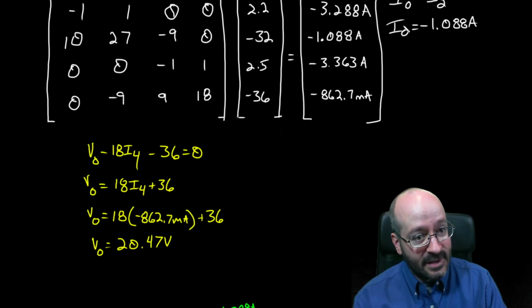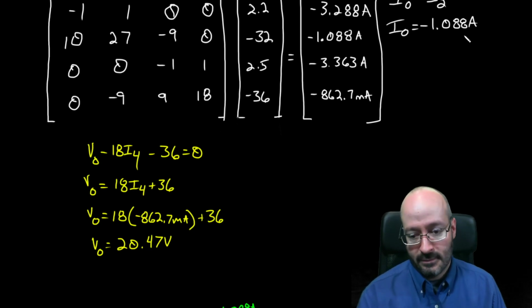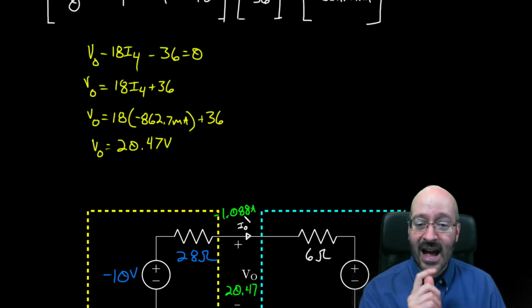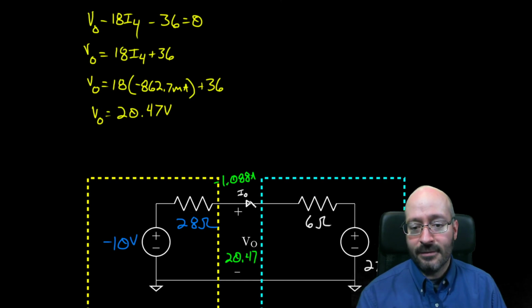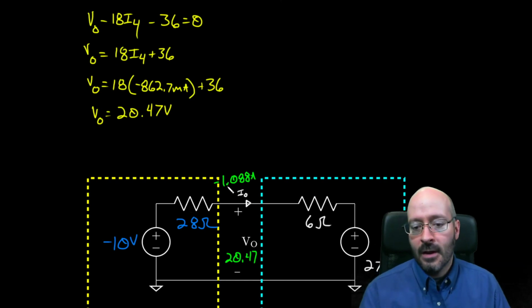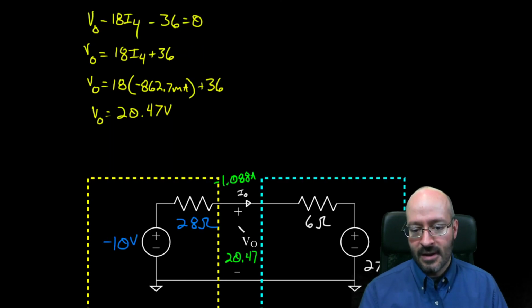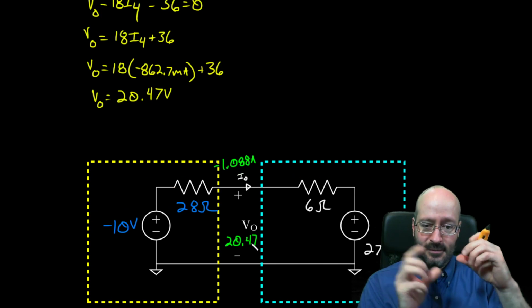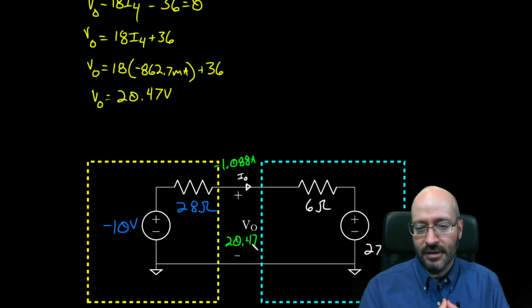We've got negative 1.088 amps, and here's a copy from the previous image. That's what we got for the current flowing between the two subcircuits. And we got a voltage of 20.47, and that's what we got for the voltage that exists between the two terminals on both of the subcircuits.